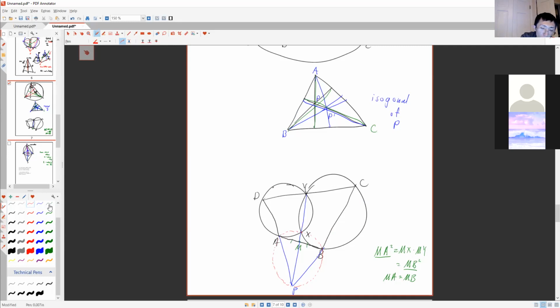I'm also not sure if DX is collinear with B or not. Same for CX. Is it collinear with A?